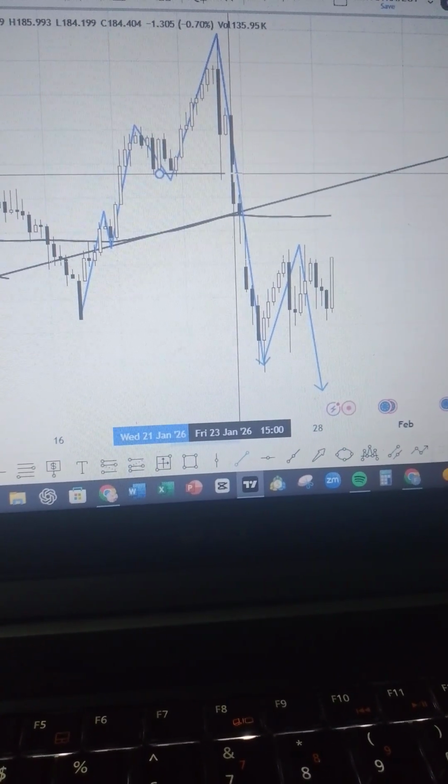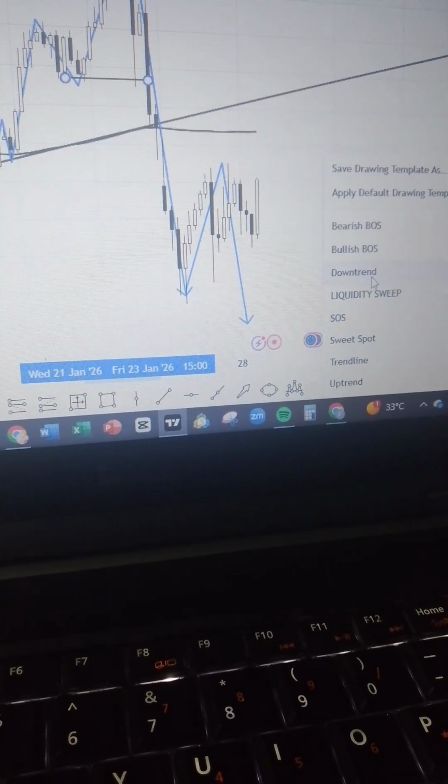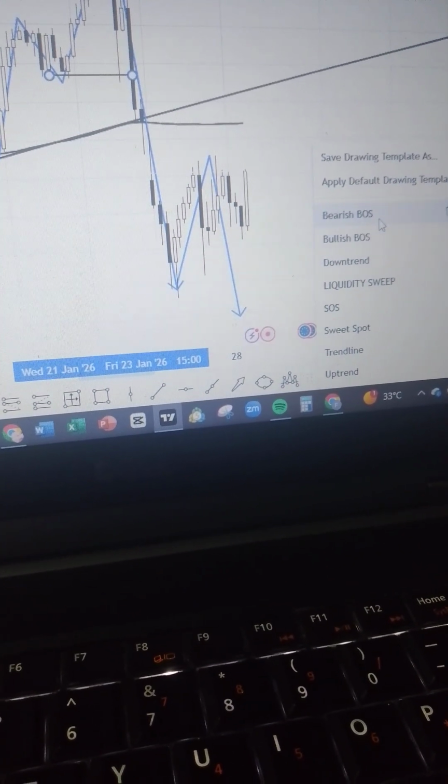So I would say that this is a break of structure. I'll come down here. So you can see I have everything here. Liquidity, SOS, and so on. This is a bearish break of structure. So I will put that there, BOS.